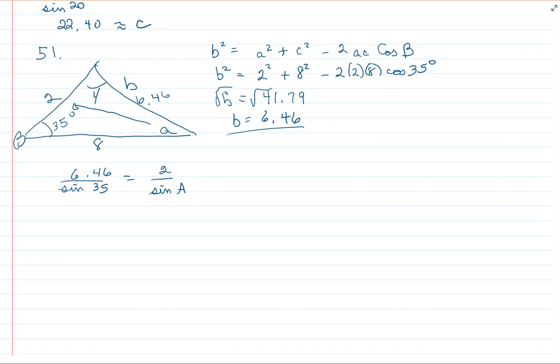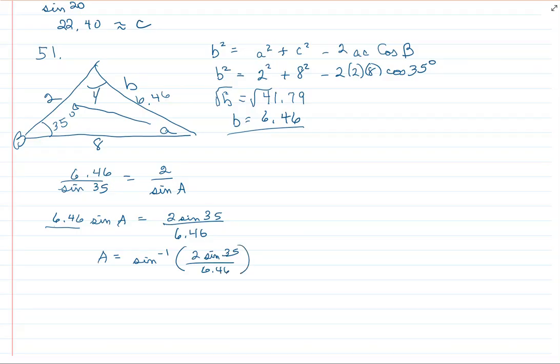I'm going to cross multiply to make sure nobody gets confused on my shortcuts, and divide by this number. So we want A equals sine inverse of this, because we need the angle.